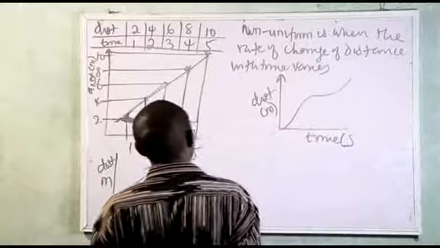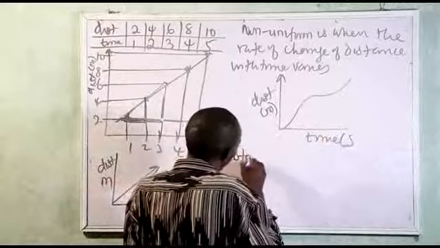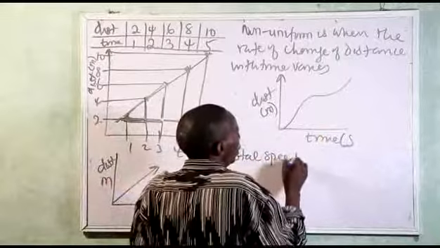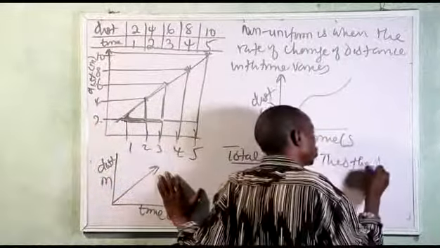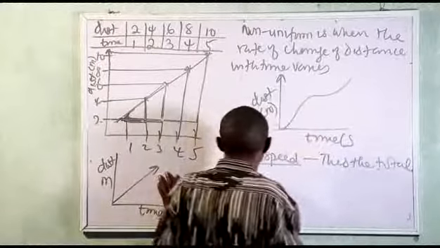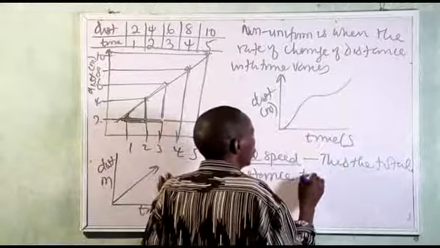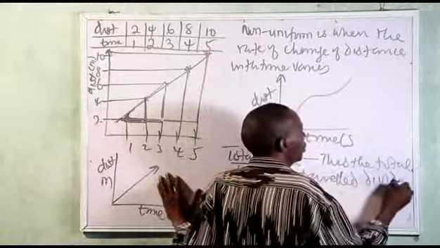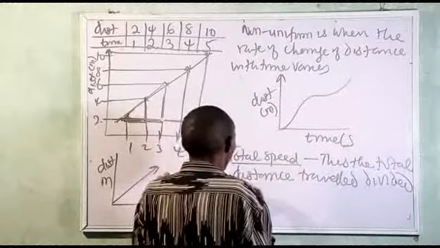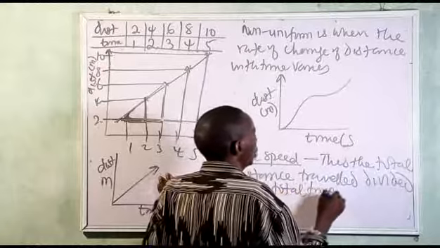That is a non-uniform speed graph. Total speed is the total distance traveled divided by the total time taken.